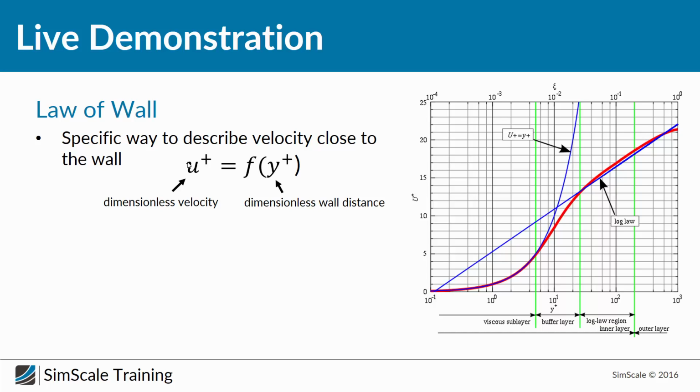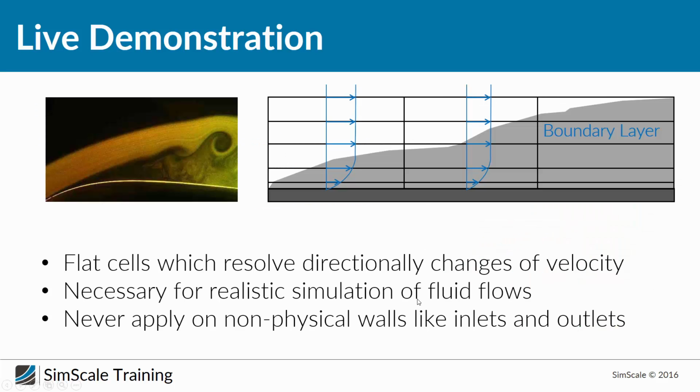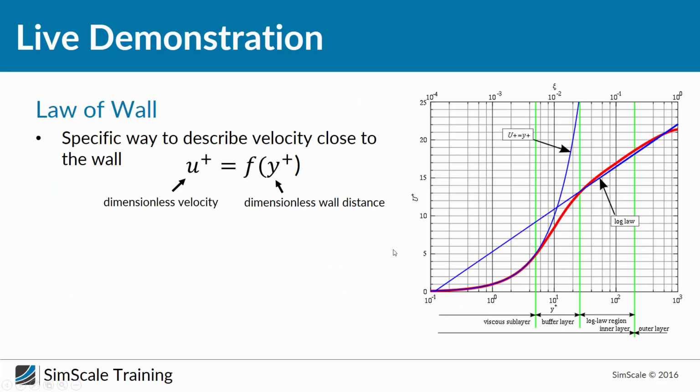And dimensionless wall distance in this case means really the distance between the wall and the point. So to calculate the wall distance for the first cell, you take the distance from here to here, and for the next cell from here to here, and so on. If you take a look at this graph, it's a logarithmic representation.